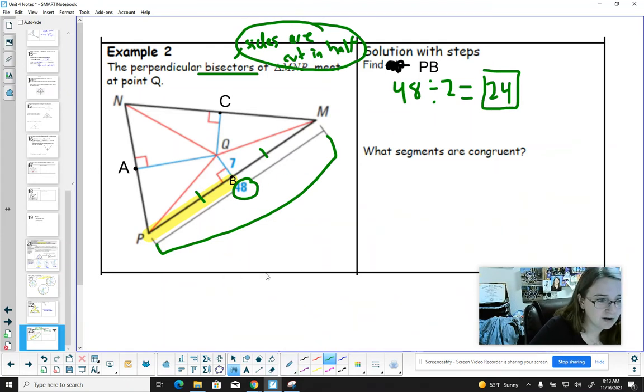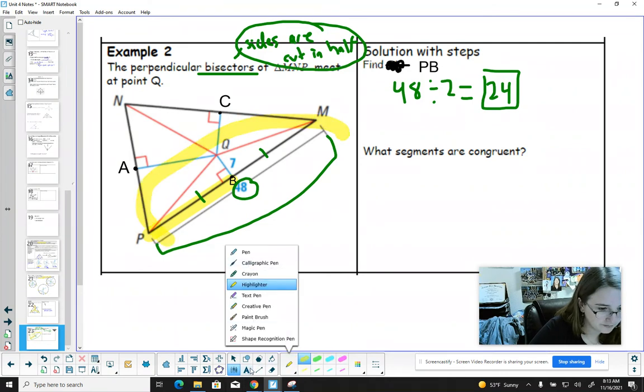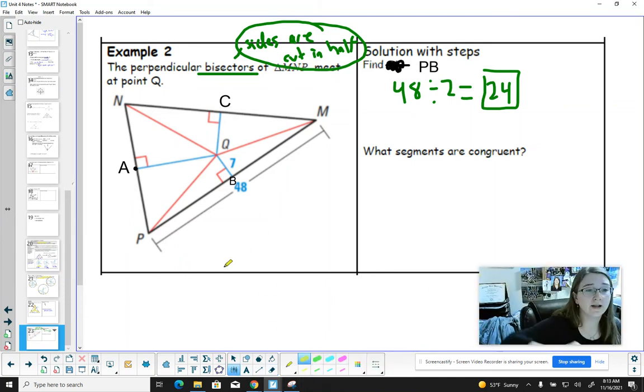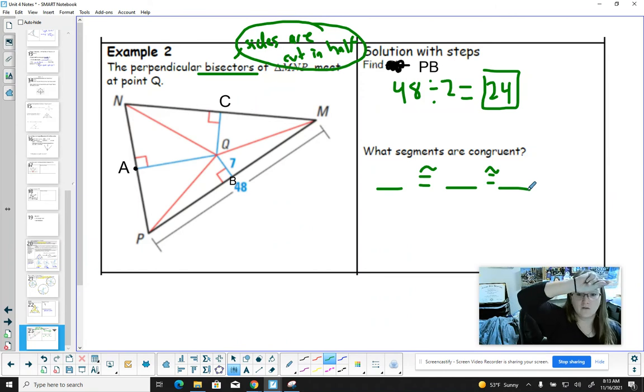Now I want to remind one more time, also I'm going to erase this stuff. Whoa, not highlight, erase please. What segments are congruent? So take a second. Again, because we've got perpendicular bisectors here, what we know is from the circumcenter to the angles, those pieces are congruent. So just like last time, I want you to name the 3 distances from the center to the angles.